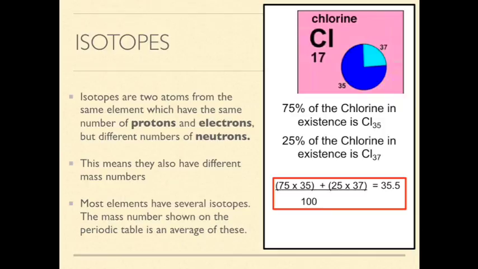Divided the whole thing by 100, and that gave 35.5, and that's the average mass number that you see on the periodic table. So if you see any decimal places anywhere, this is what they've done. It means that there are isotopes of that element and that it's been averaged out.